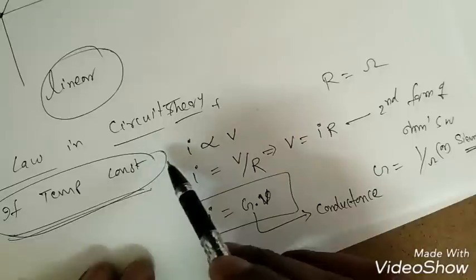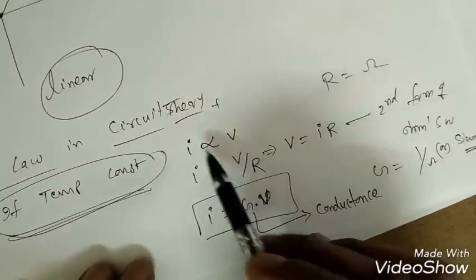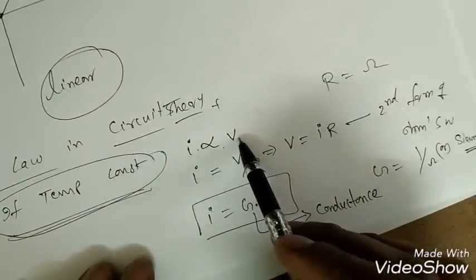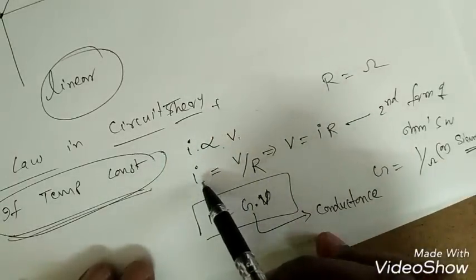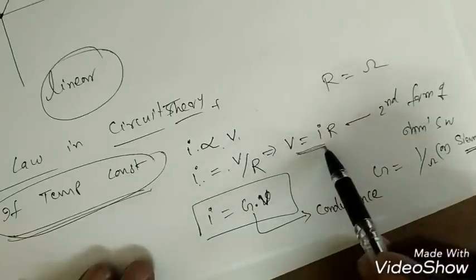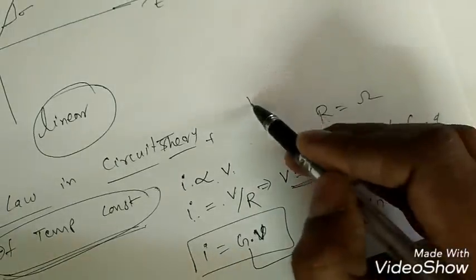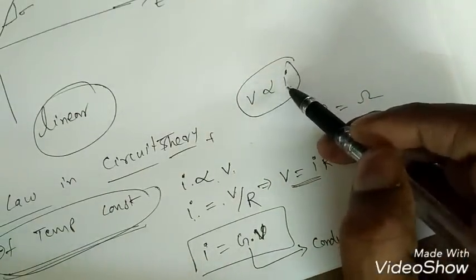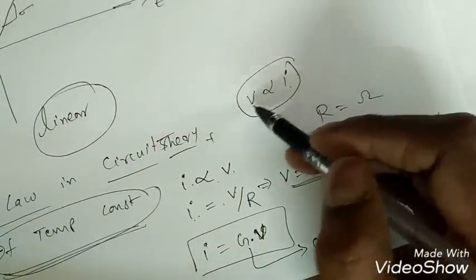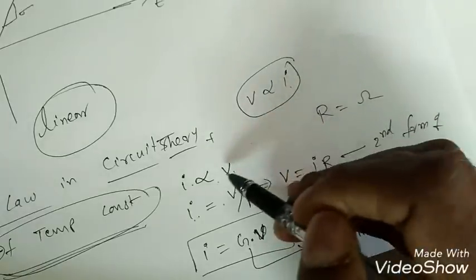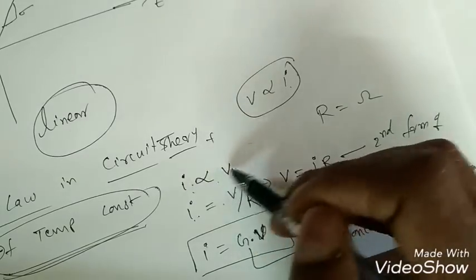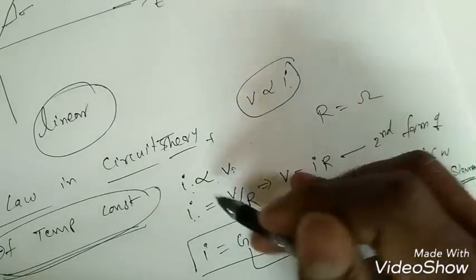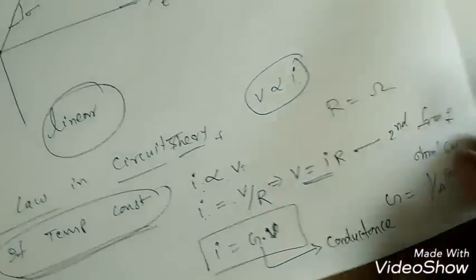When the temperature is constant, the current is directly proportional to the applied voltage, I is equal to V by R, or V is equal to IR. So don't ever say V is proportional to I, because when you apply current, the voltage will not change proportionally. When you apply voltage, the current will change proportionally. So this is generally Ohm's law.